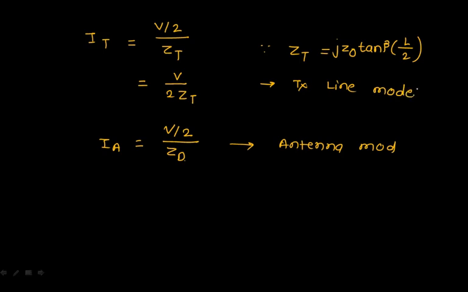For antenna mode, the total current is the sum of currents in each arm. That's why IA is equal to V by 2 divided by ZD, where ZD is nothing but the impedance of that ordinary dipole.